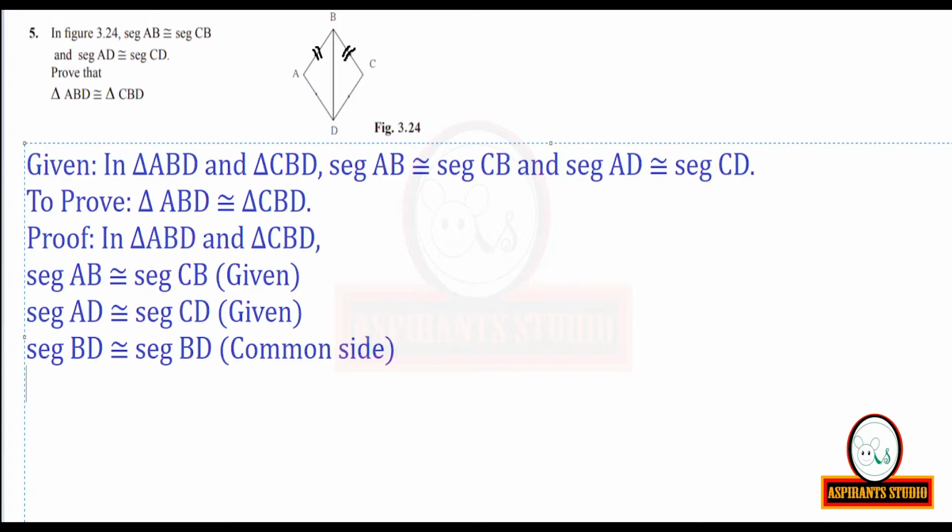If three sides of a triangle are congruent with three corresponding sides of the other triangle, then the two triangles are congruent by SSS test. Therefore, triangle ABD is congruent to triangle CBD by SSS test.